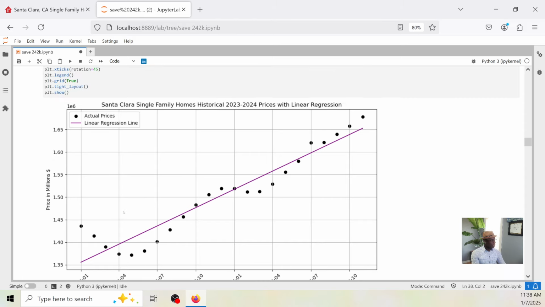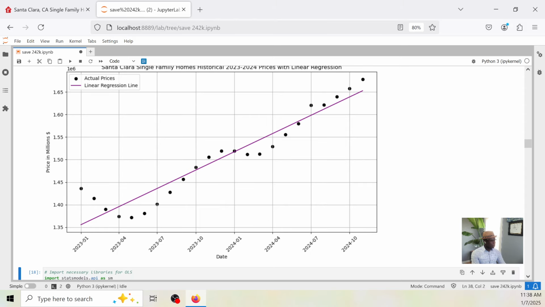So looking at the visualization, on the x-axis we have the dates, and on the y-axis we have the prices. The dates are indicated in black, these black dots. So for example, January 1st, 1.37 million, and then most recently November of 2024, a little over 1.65 million. And then the linear regression line is this in purple here.